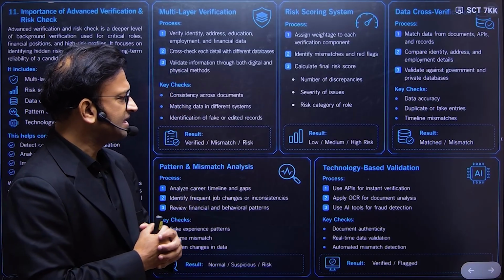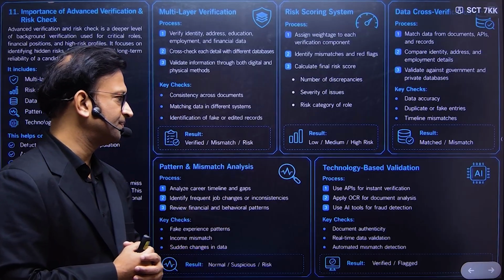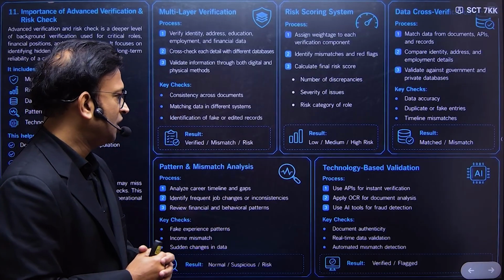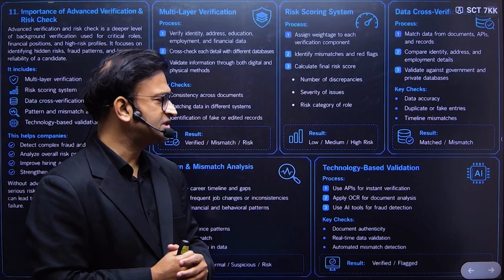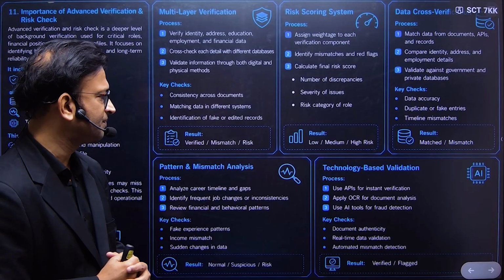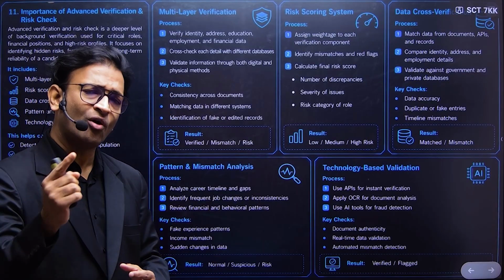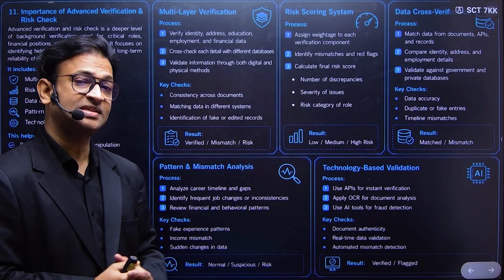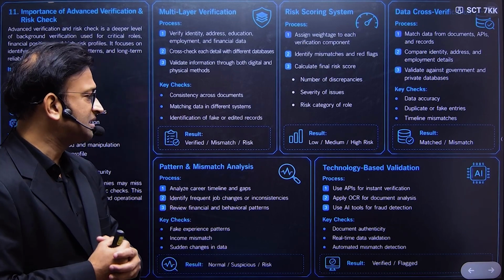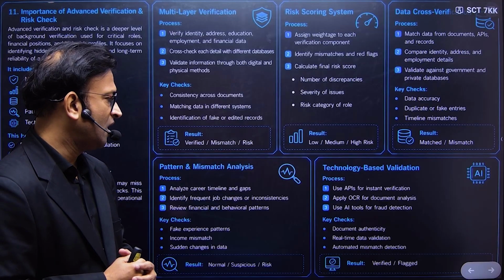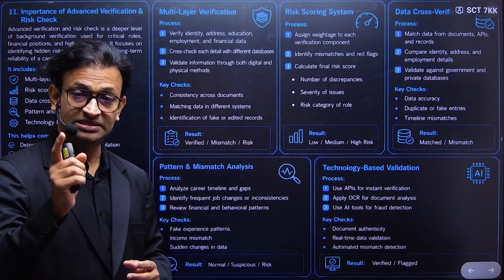What is technology-based validation? Let's look at the process. Use APIs for instant and quick verification. Apply OCR for document analysis. Use AI tools for fraud detection. And the key checks, of course, would be document authenticity, real-time data validation, and automated mismatch detection.